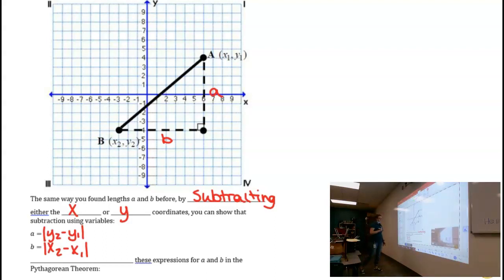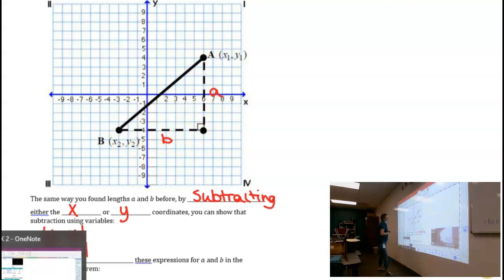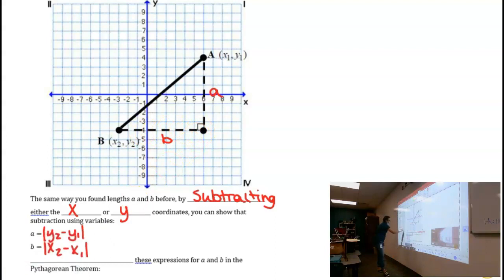So what I'd like for you to do, now that we know that the distance can be found by subtracting and taking the absolute value of these variables, is to substitute these expressions for A and B into the Pythagorean theorem.